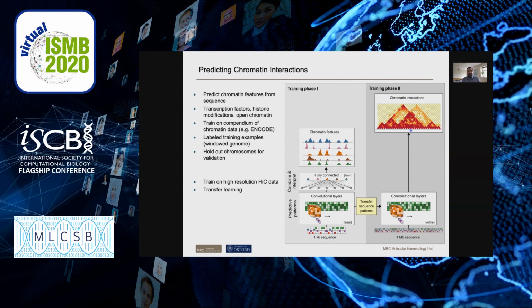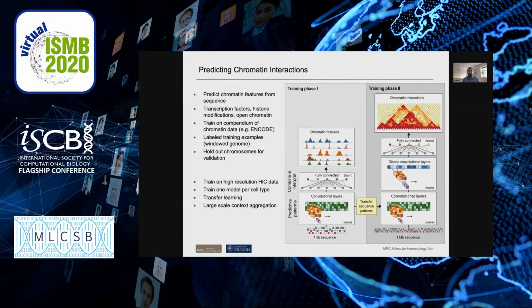Then we use the convolutional weights of this network to seed the convolutional filters in our chromatin interaction network. We then follow these convolutional layers with max pooling, followed by dilated modules, so several dilated convolutional layers, which are really good at aggregating a large spatial context, a large sequence context, without needing to do max pooling and lose the resolution.